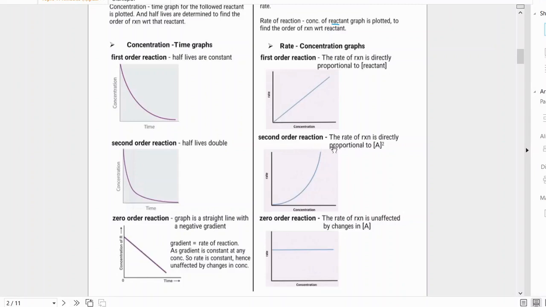Memorize these statements. For a first order reaction, the rate of reaction is directly proportional to the concentration of a reactant. For a second order reaction, the rate of reaction is directly proportional to the concentration of the reactant squared.